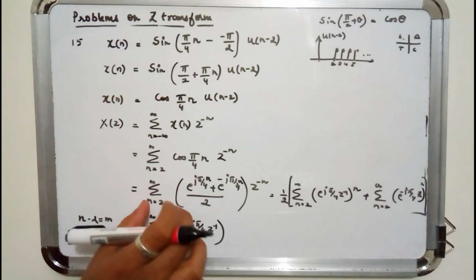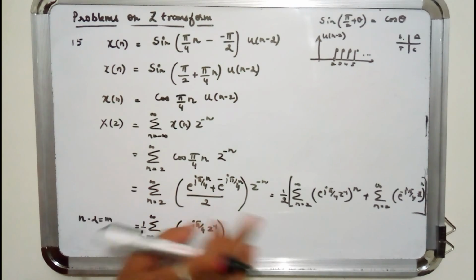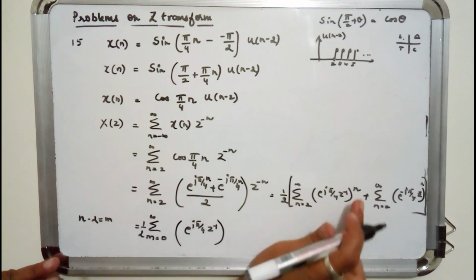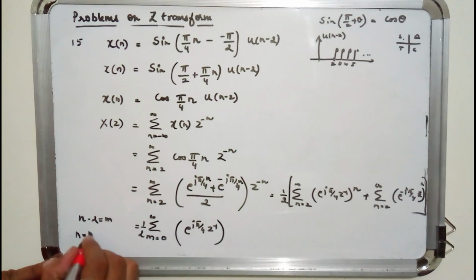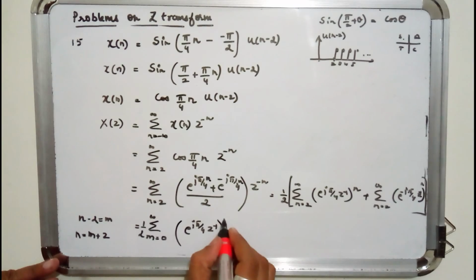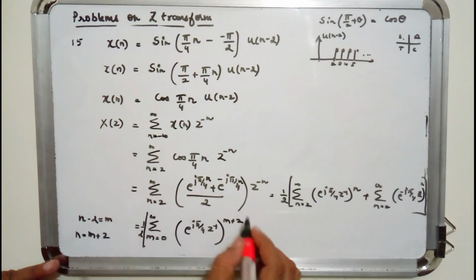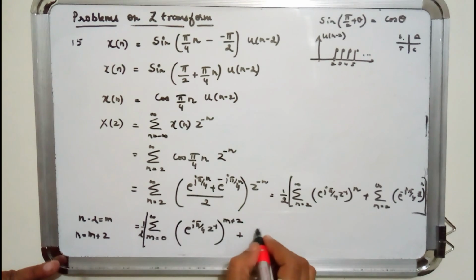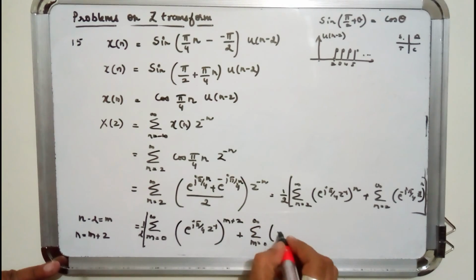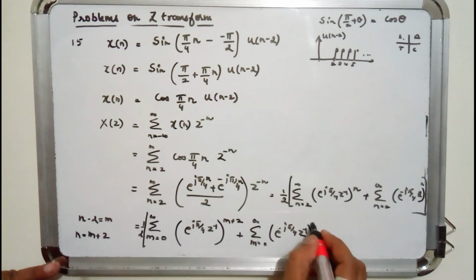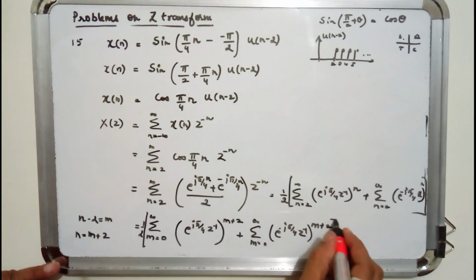I've just split this summation into two parts. So here I will be getting m equal to 0, power n will be m plus 2, so it will be m plus 2 here and this side as well. So here summation m equal to 0 to infinity (e^(minus j pi/4) z inverse) power m plus 2.